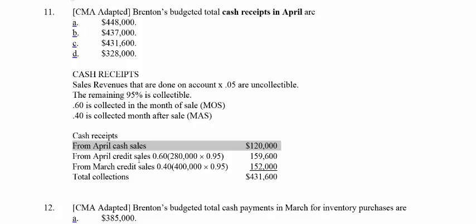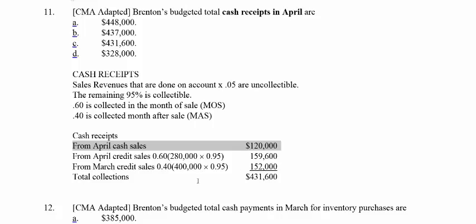April credit sales was $280,000, of which 5% is uncollectible and the remaining 95% is collectible. So 280,000 times 0.95 gives us the collectible amount of those sales, but only 60% of that is collected in the month of sale. So 159,600.